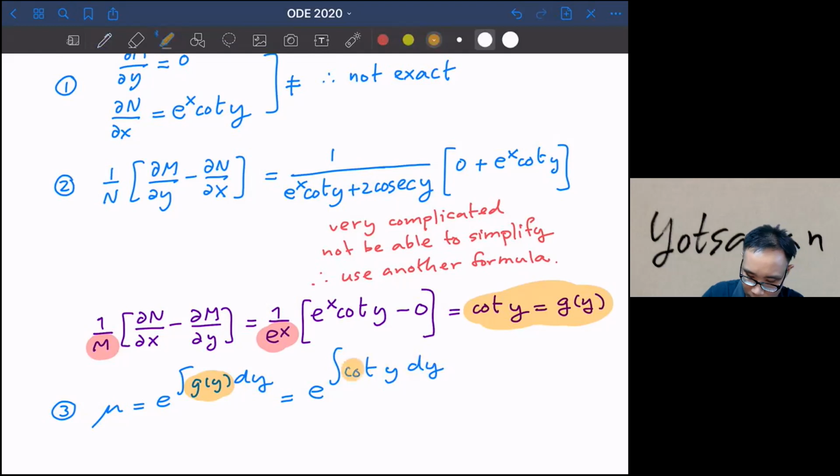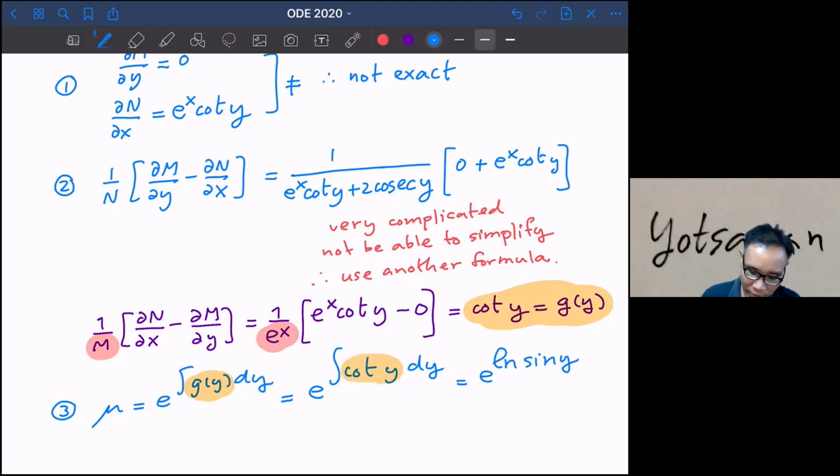And the integral of cot is going to be log sin y without absolute value, because I told you before that we need only one integrating factor, so we don't need the absolute value that would make us plus or minus.